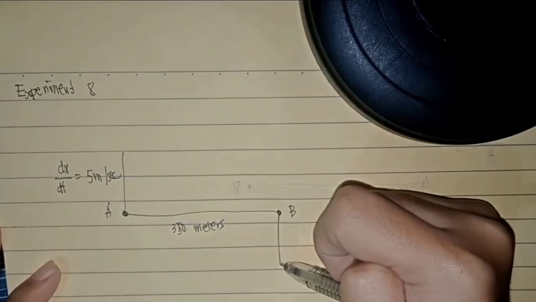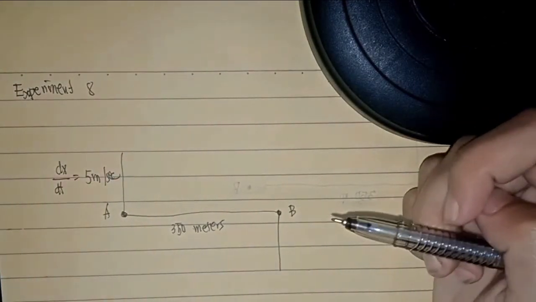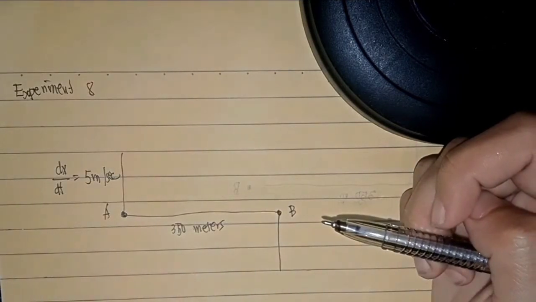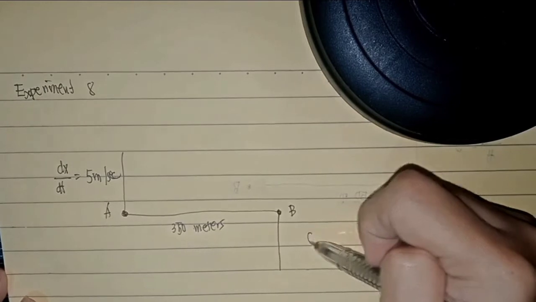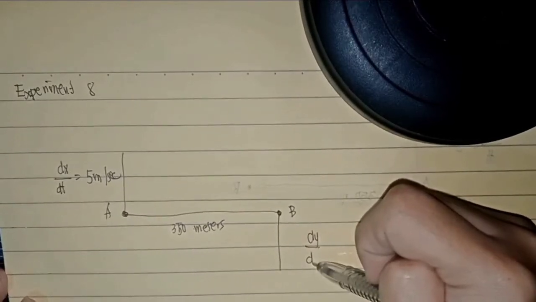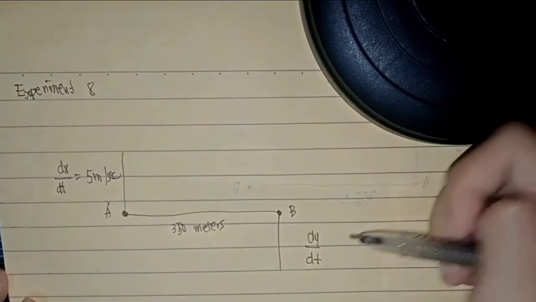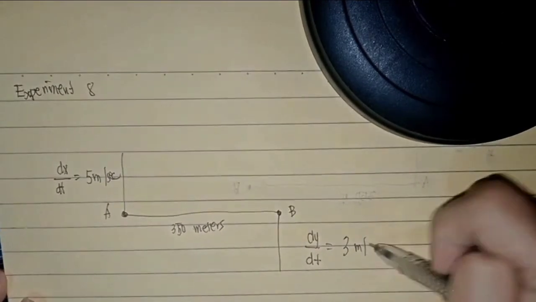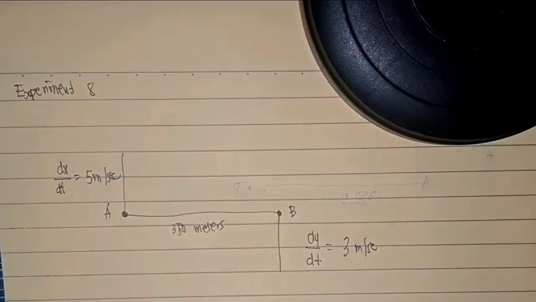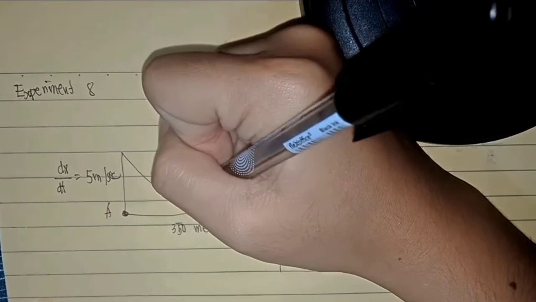Habang itong person B or yung biker B, lumiko siya sa south at a rate of 3 meters per second. And ito yung magiging dy over dt natin. At dahil meron na tayong dx over dt and dy over dt, ang hanapin naman natin ngayon is yung dz over dt.